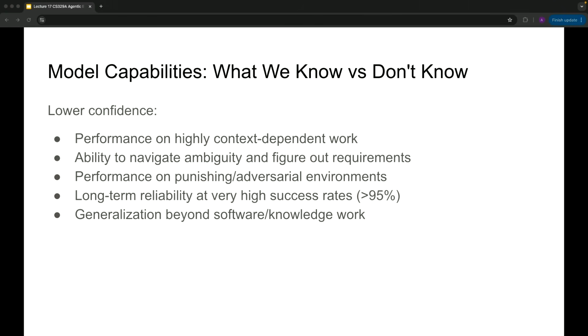The performance in adversarial environments is not necessarily great. Overall, if you want 95% reliability, the models are not quite there. And generally, we have not yet seen a lot of generalization beyond software and knowledge work, where knowledge work encompasses a lot of the digital workloads today.